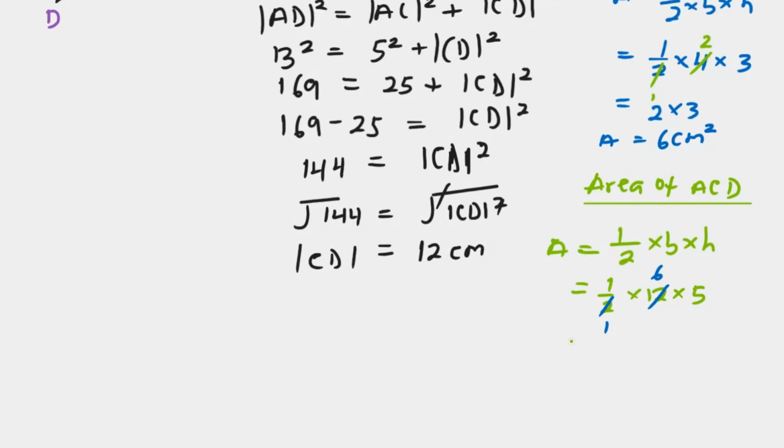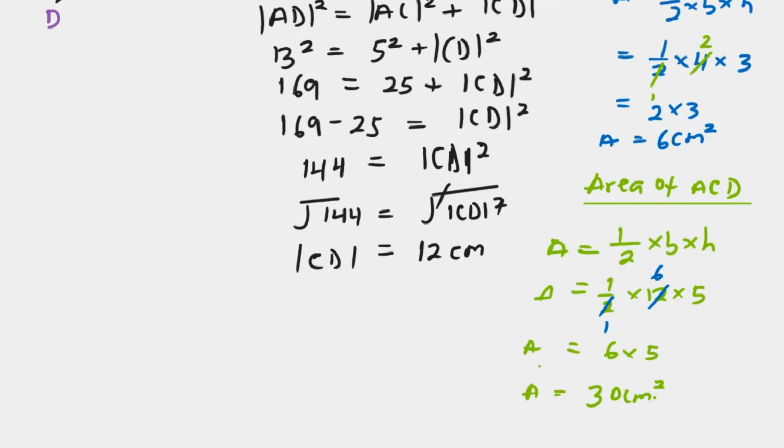So that means that we have 6 times 5 as the area. So area of the triangle ACD is equal to 30 centimeters squared.